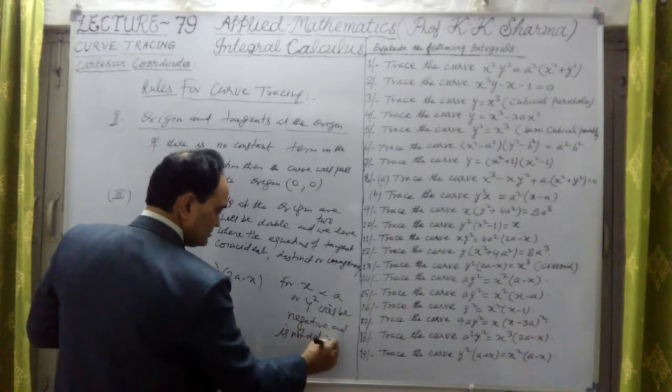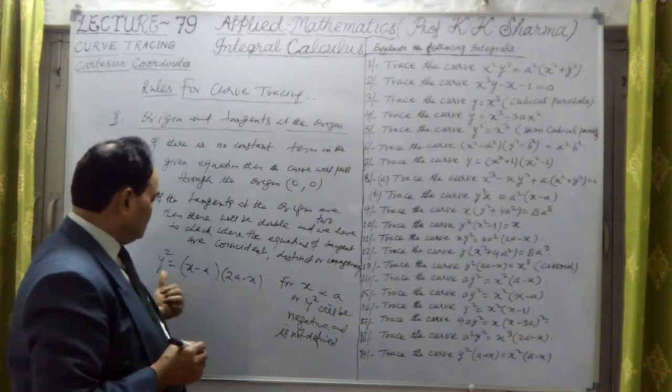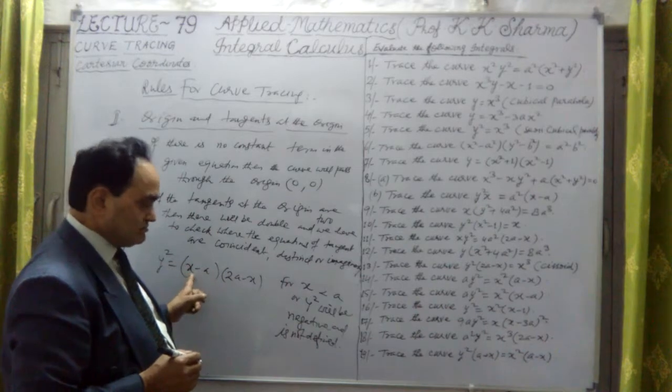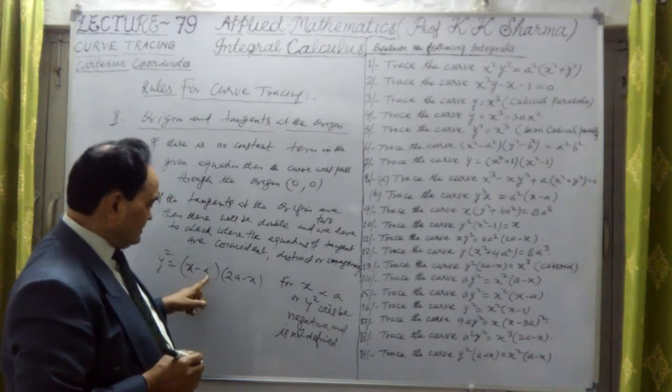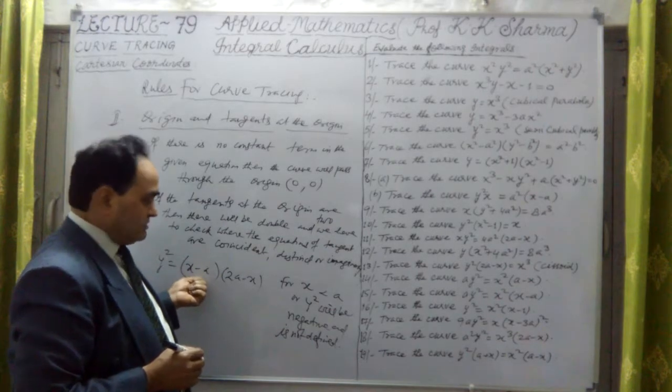We can say that it is imaginary, the value will be negative, a non-real number. So y square will not be defined in this case when x is negative or less than a.